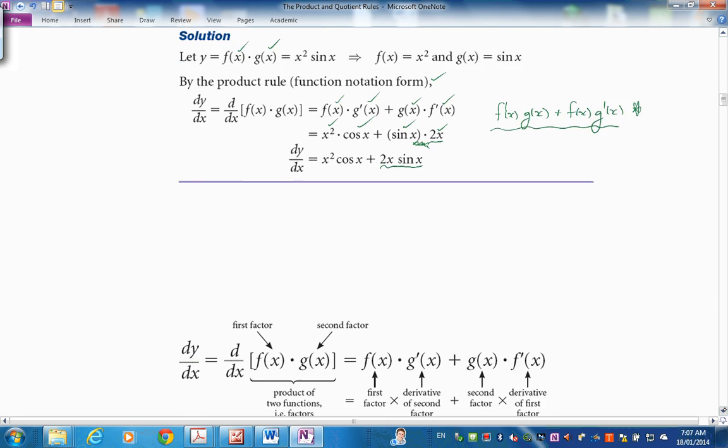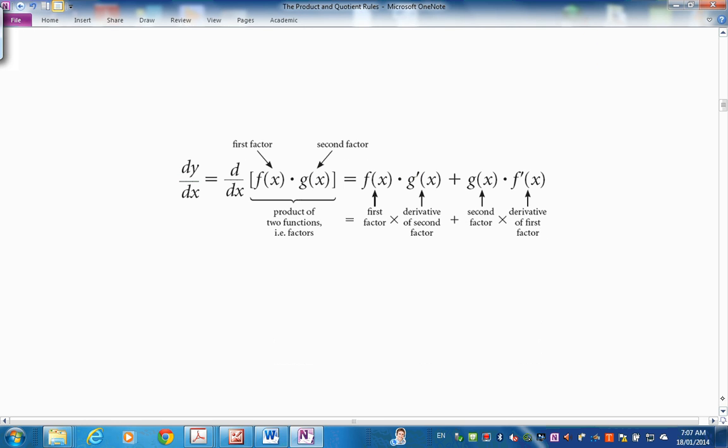Let's go down. Here's another little screen clipping from Pearson's, talking about the first factor or the first function and the second function. And therefore it's the first unchanged by derivative of the second, second unchanged by derivative of the first. Better to think of this one, f dash x: first one differentiated, second one left, then first one left, do the second one.